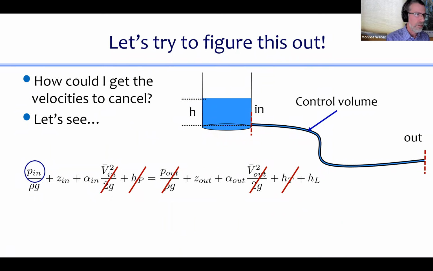You're most certainly very tempted to say, well, that's rho GH. I can just take the height of water, H, and multiply that times rho G, right? Does that make sense? But there's a gotcha here, because the pressure at that control surface is not just due to rho GH.